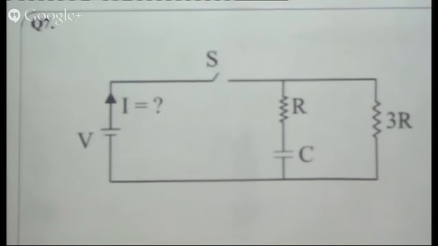You have more resistances or more capacitance. What do you do then? Have a look at this question. By the way, this problem has come in IIT JEE. It's a previous year question. Don't get scared. It's a very, very simple problem.